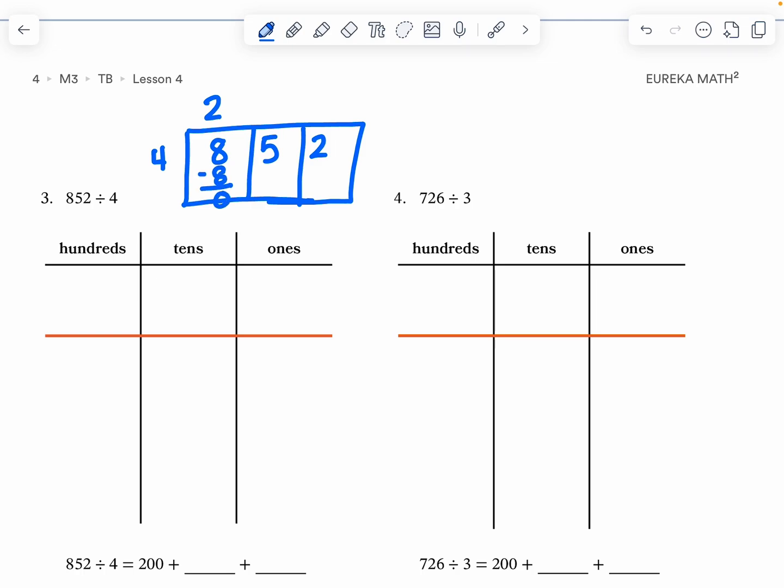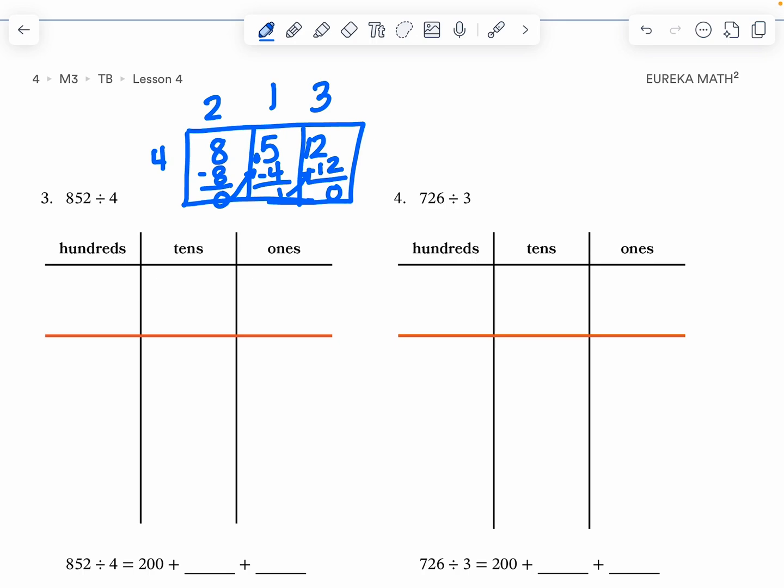I subtract, get 0, and bring that up. 4 will go into 5 1 time. 1 times 4 is 4. Subtract. I get 1 and bring that up. 4 will go into 12 3 times. 3 times 4 is 12. We subtract and we do not get a remainder.